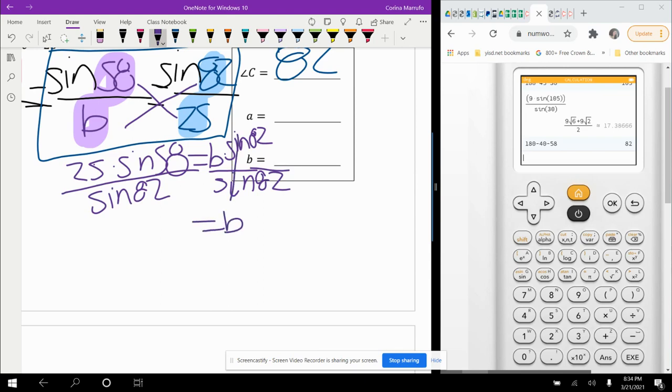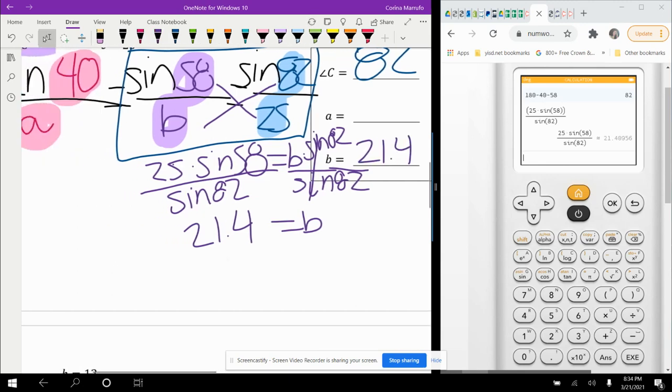I'm going to enter all of that in my calculator: 25 times sine of 58, close parentheses, divided by sine of 82. Enter, that gives me 21.4. So b is equal to 21.4.